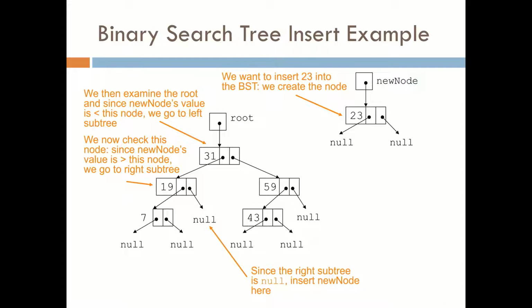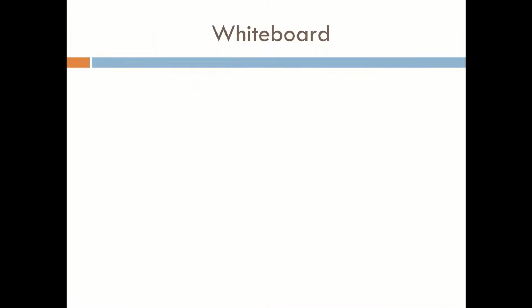Let's look at another example. Let's start with an empty tree and the following list of numbers: 5, 14, 2, 8, 3, 9, and 7. And let's begin inserting these into the tree.